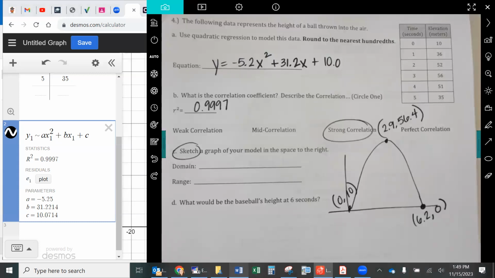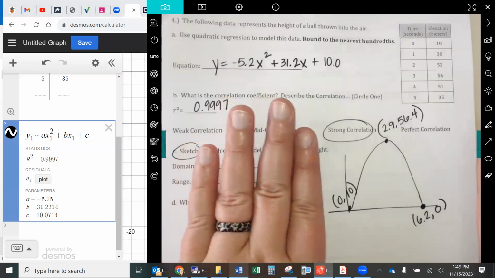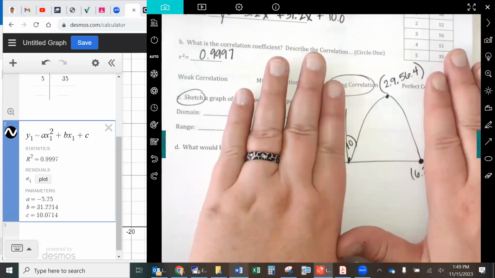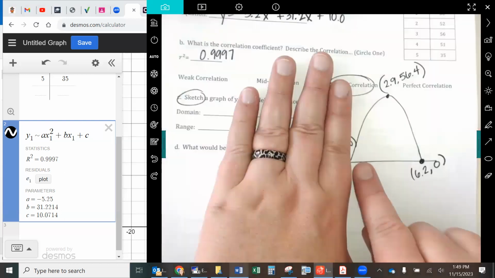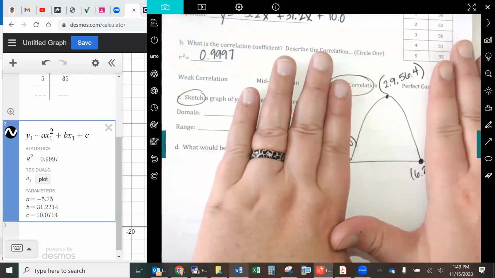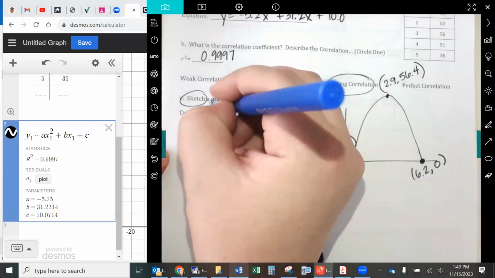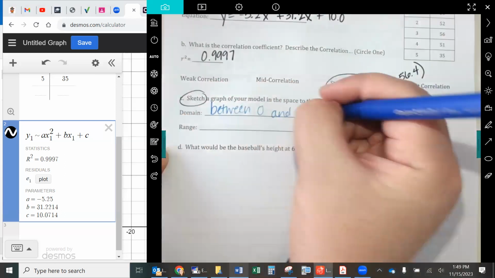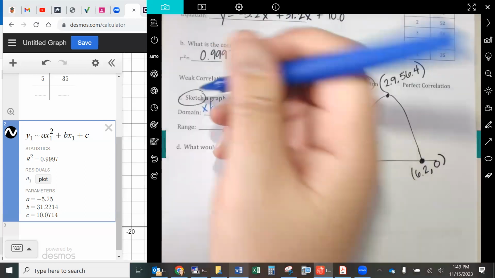Then from there, for the domain, remember you're sliding the doors closed. So if I pinch my hands in on the sides, what am I staying between? What 2 numbers for the domain? Between 0 and 6.2, because that's your x-axis.